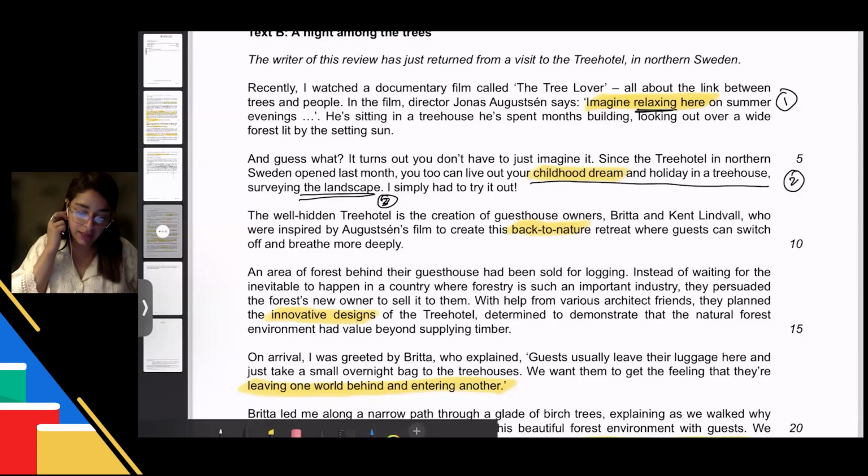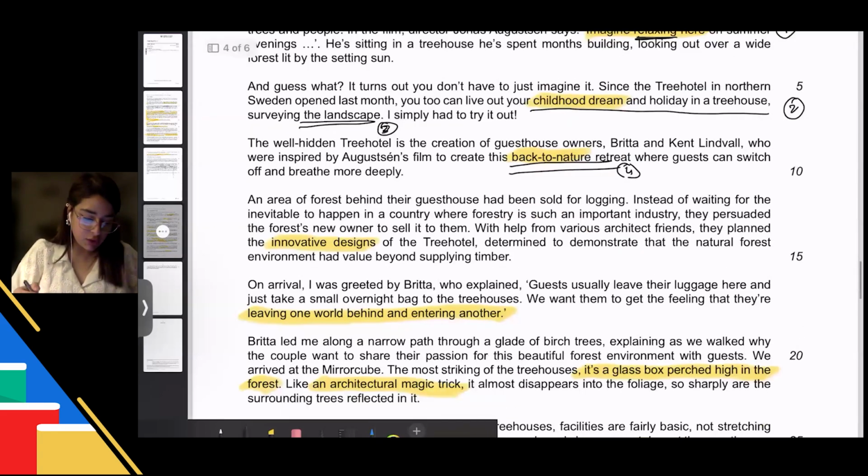A well hidden tree hotel is a creation of guest house owners, Britta and Kent, who were inspired by his film, to create the back to nature retreat. The idea of being close to nature. Point number four. Where guests can switch off and breathe more deeply. This is again associated with relaxing, so we're not going to take this detail.